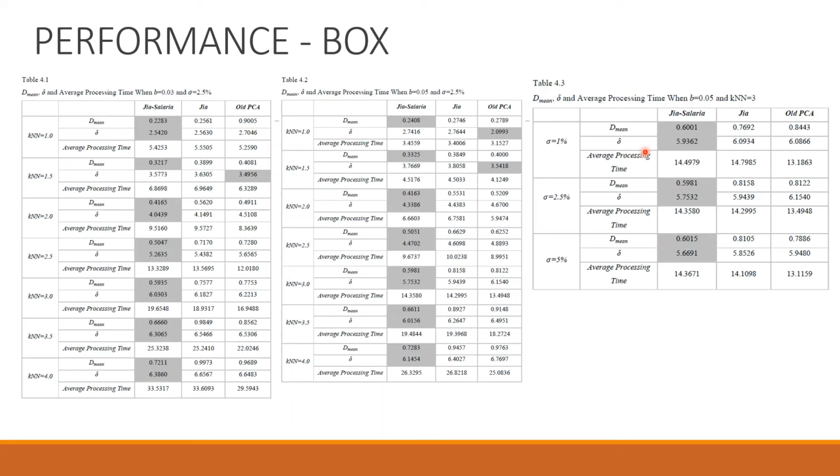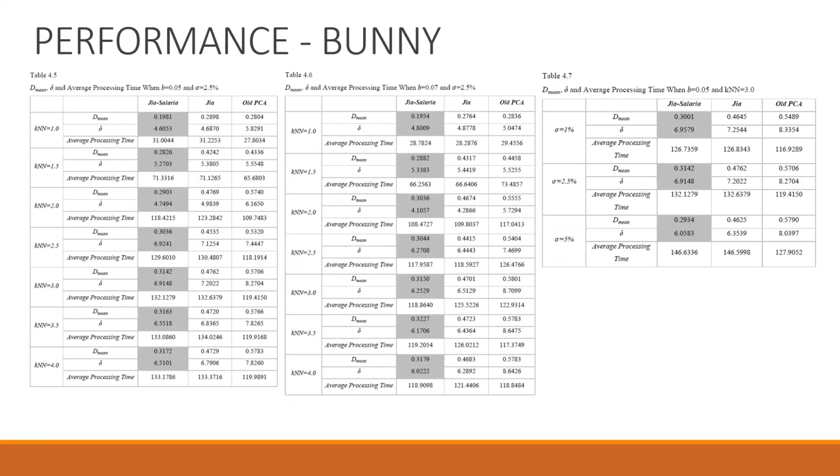Then we also tested on different Gaussian noise, and still GIA salaria gives the best result. So this is for the box model. Next we have the Barney model. Similarly, GIA salaria gives the best performance for most KNN, for different values of B, and for different percentages of noise.